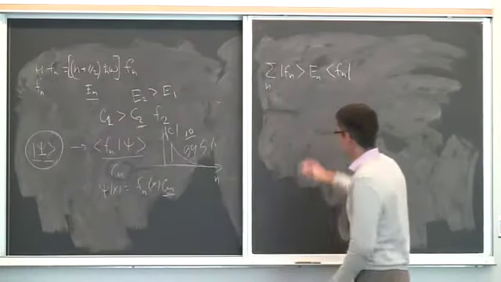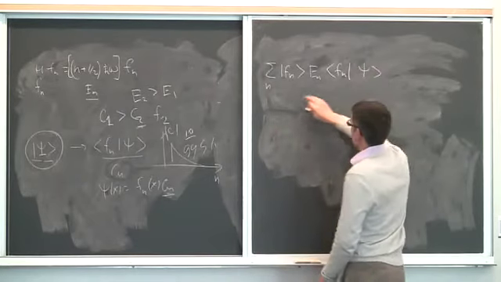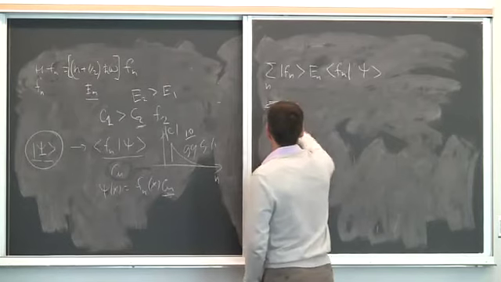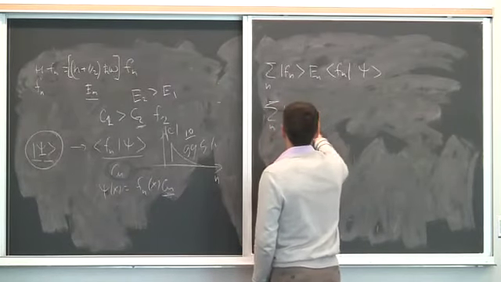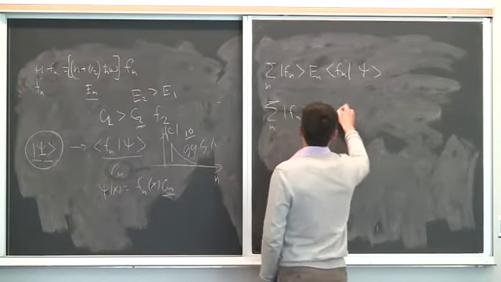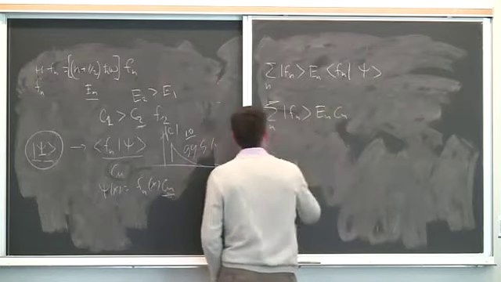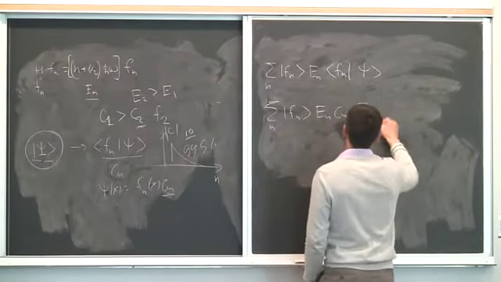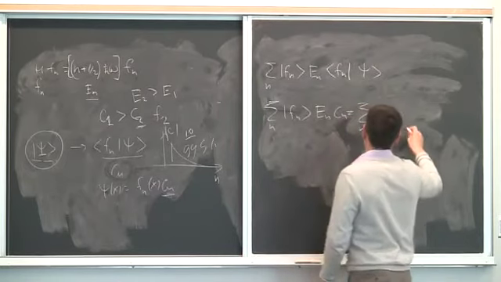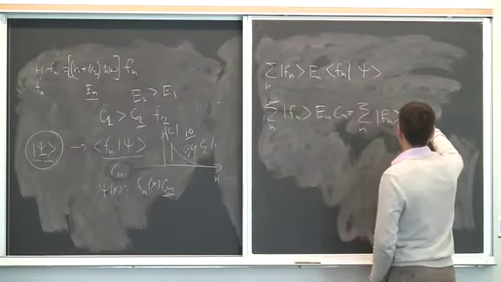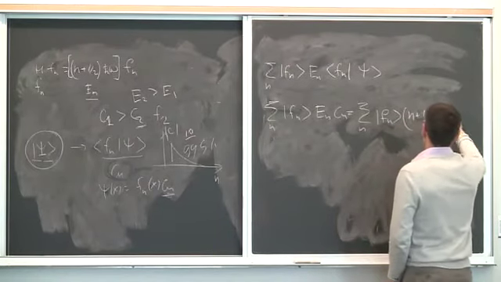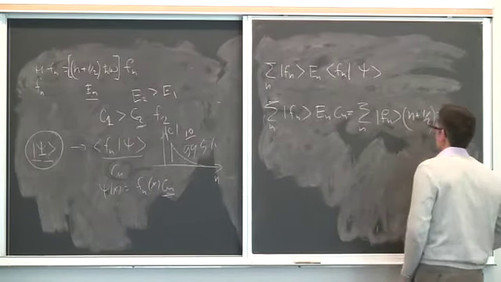When you act with this Hamiltonian on psi, you get the sum over n of Fn, En, Cn, which is Fn times (n plus 1/2) h-bar omega Cn.